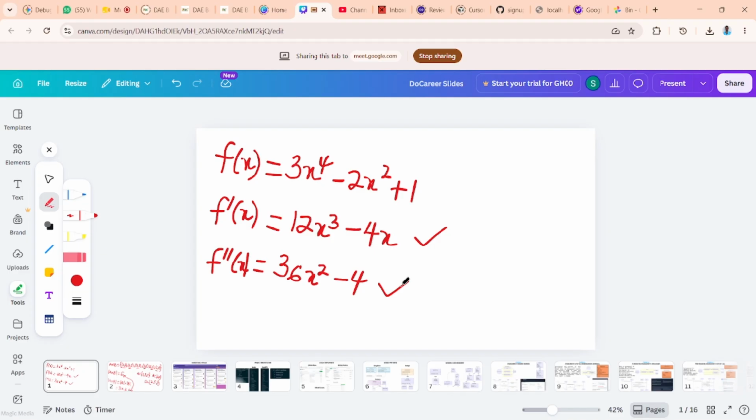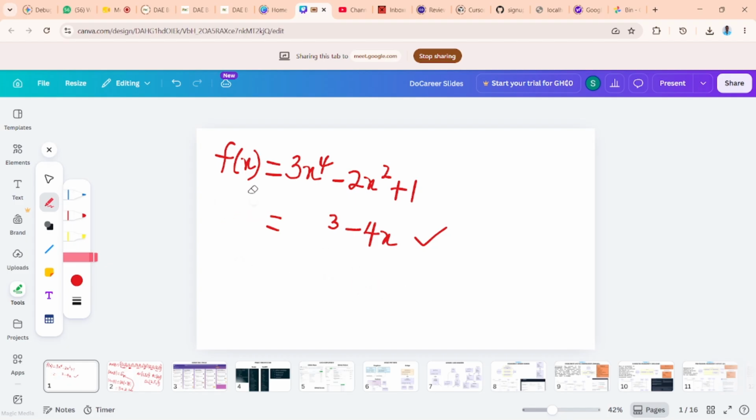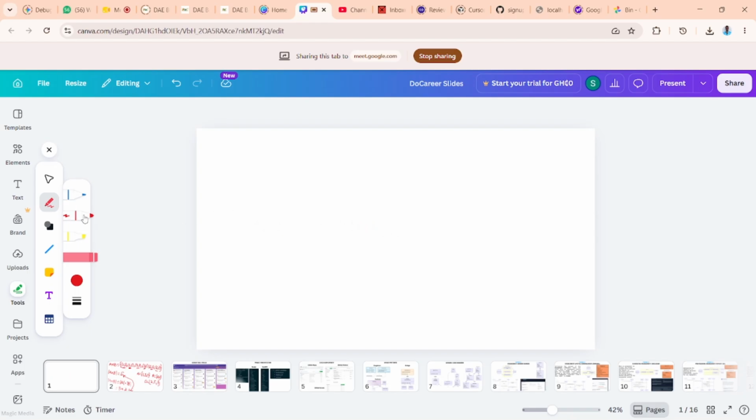All right. But in terms of applications, this is the concept around derivatives. So one application is in terms of distance. For example, when they give you an expression like that, it is distance.